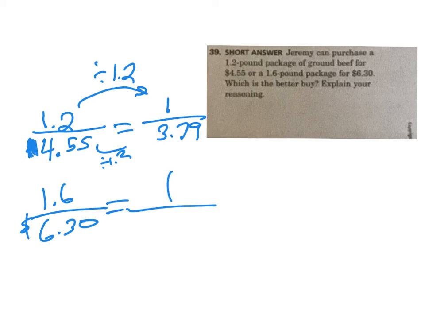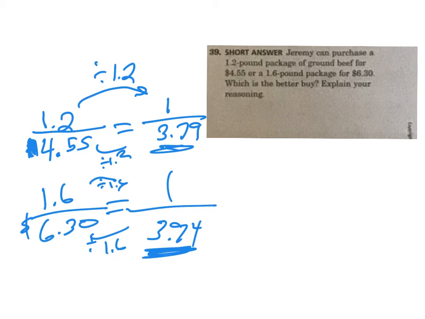This one, I got to divide this by 1.6, divide this by 1.6, 6.30 divided by 1.6 gets me $3.94. So per pound, this one is more costly. This one is a better deal, so I'd rather get the 1.2 pound package of ground beef for $4.55. It's a better deal.